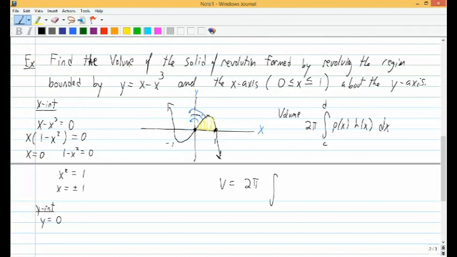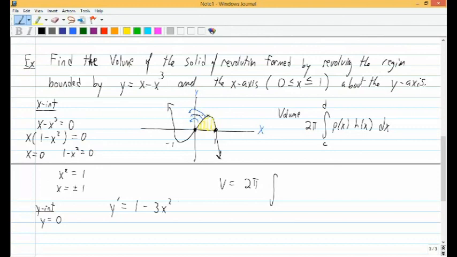The easiest way to figure that out would probably be by using the first derivative test. That high point is going to be a place where you change from increasing to decreasing, or at least look at the critical number. So if we took this function right here and took the first derivative, we would have 1 minus 3x squared.